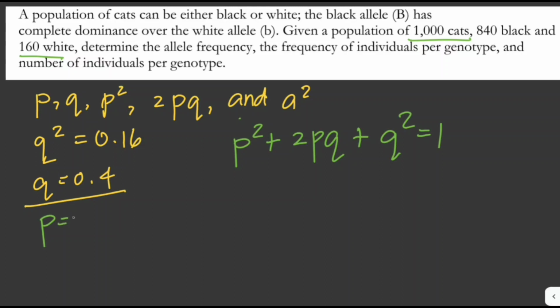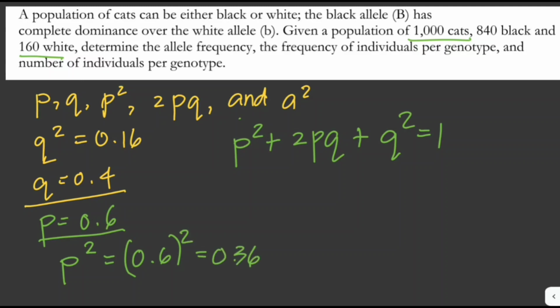So our p here is 0.6. So we can find the value of p squared by just getting the square of p, which is 0.6. So 0.6 squared is just equal to 0.36.